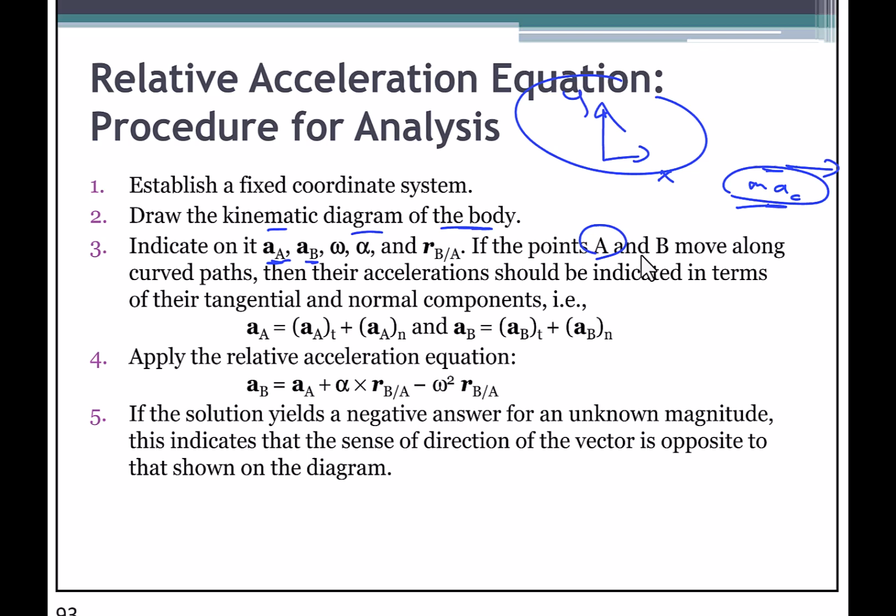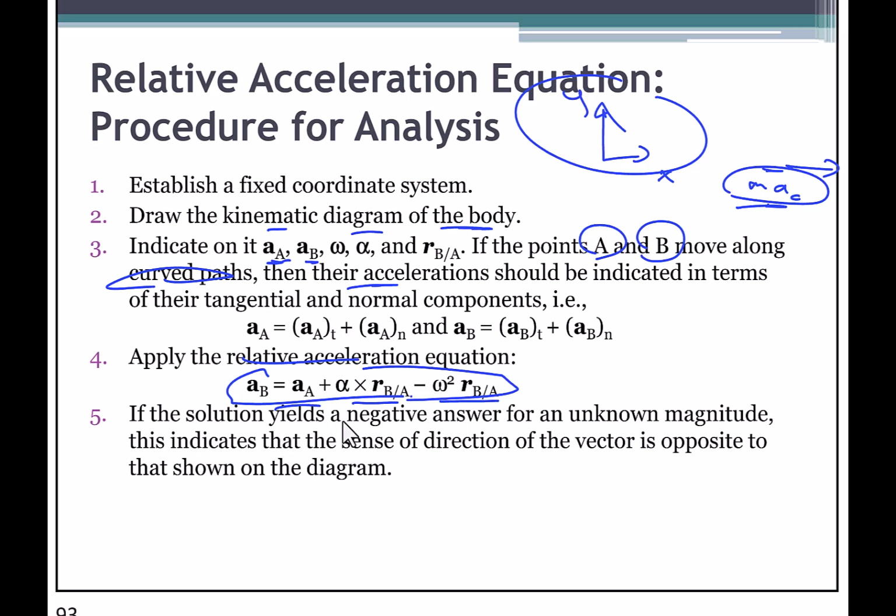So if the points A and B move along curved paths, then their acceleration should be indicated in terms of the tangential and normal components. If you have curved paths. If it's a straight path, you'd say, one of them for example. Apply the relative acceleration equation. We have nothing else. We have 3 components, 1, 2, 3.